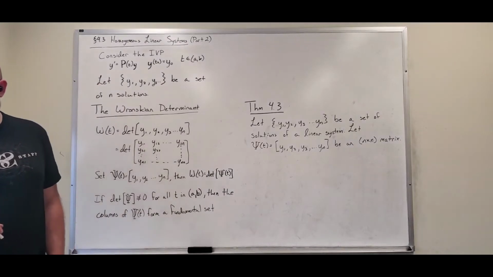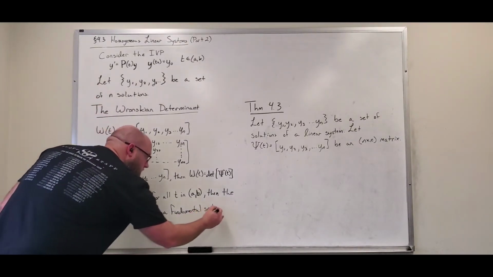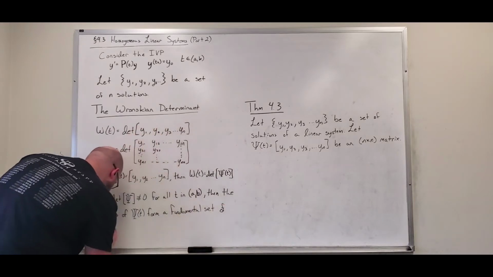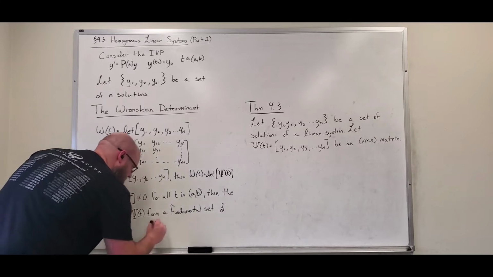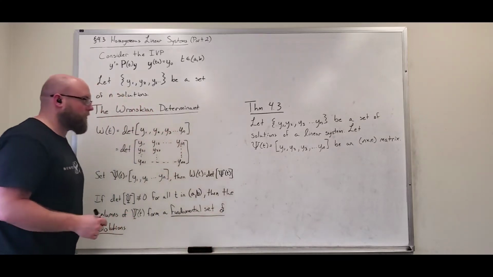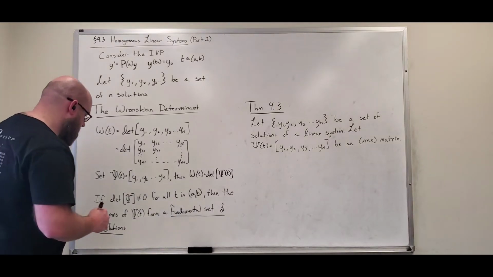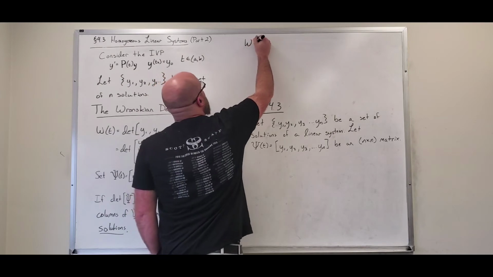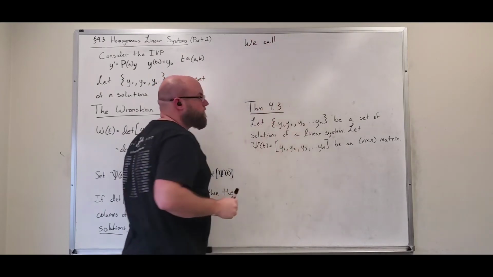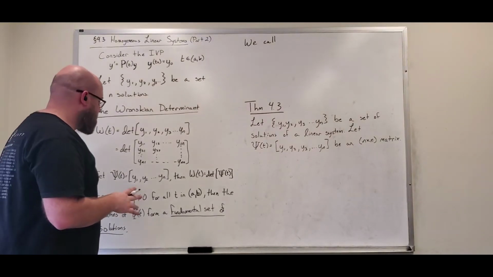Okay, sorry, forms a fundamental set of solutions. So we've seen that before with chapters 2 and 3 when we're talking about the Wronskian there. And this is where we do have a new definition here.